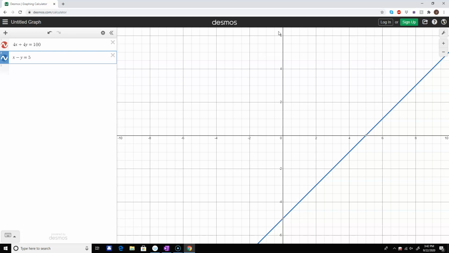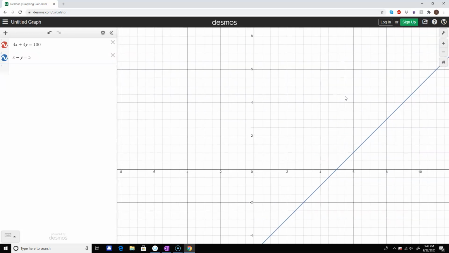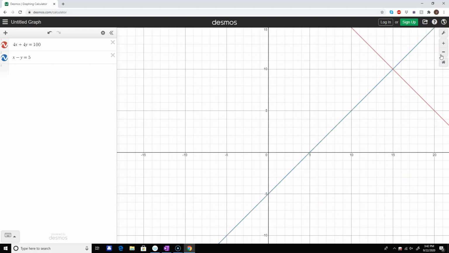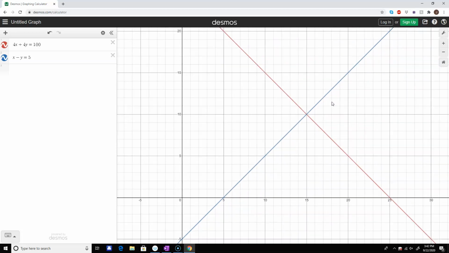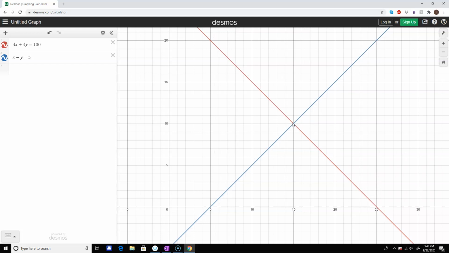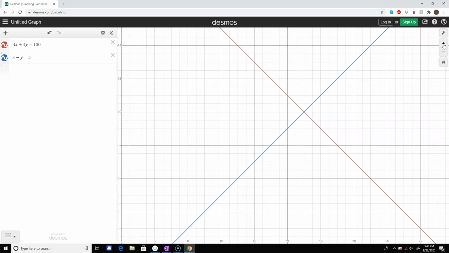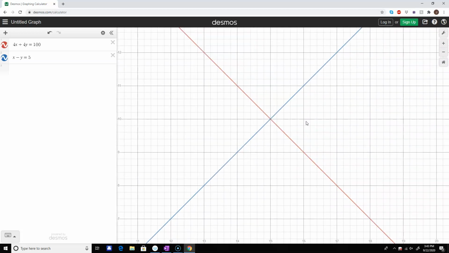You can either zoom out or click and drag to move in some direction. We see the graph of both of our lines now, and if you hover over the point or zoom in, it should show the point of intersection. There's the point 15, 10, and that's all it takes to solve these by graphing. If you want to double check your work, you can go to desmos.com and find the answer to any of these questions very quickly.